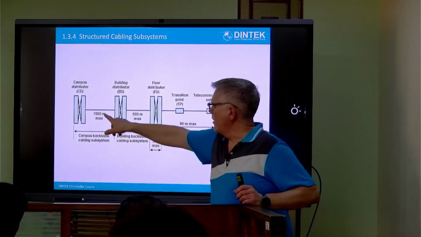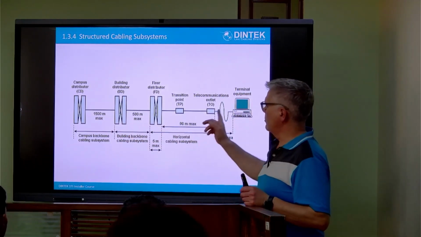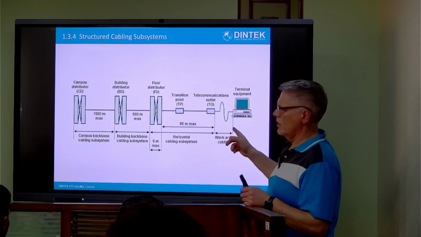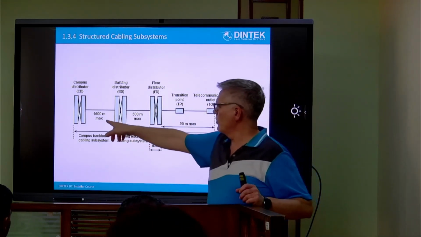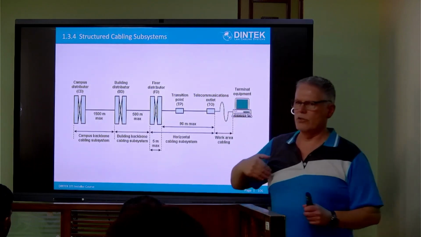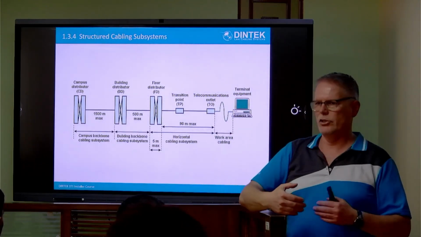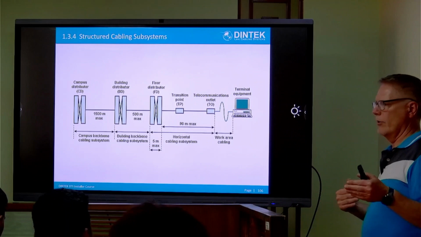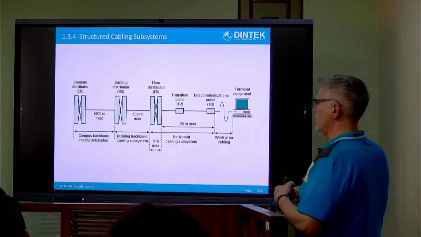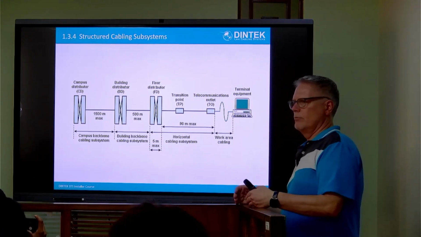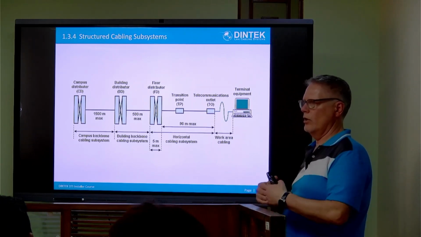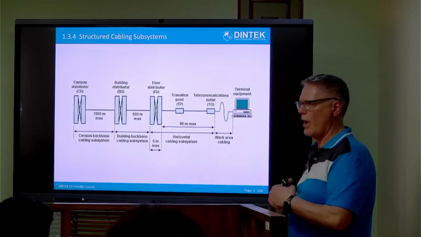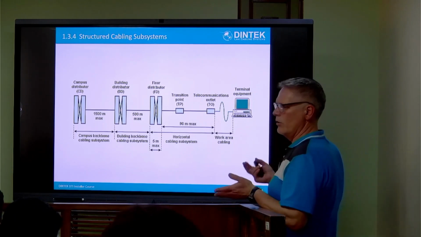If we're talking about campus distributors, for it to actually be part of this generic cabling system, you can't go more than 1,500 meters, or else you're moving outside that definition of the LAN, the local area network. So you might be now talking about a campus area network, or a metropolitan area network, or a WAN, but it's no longer a LAN.